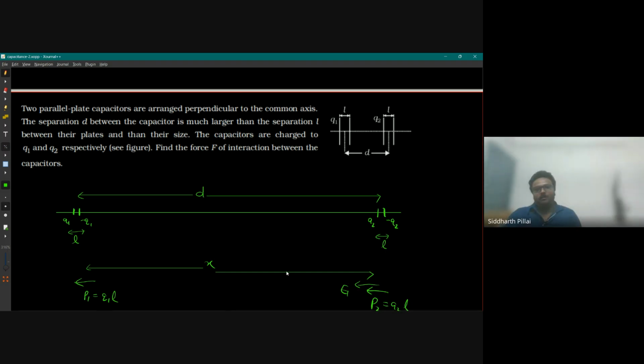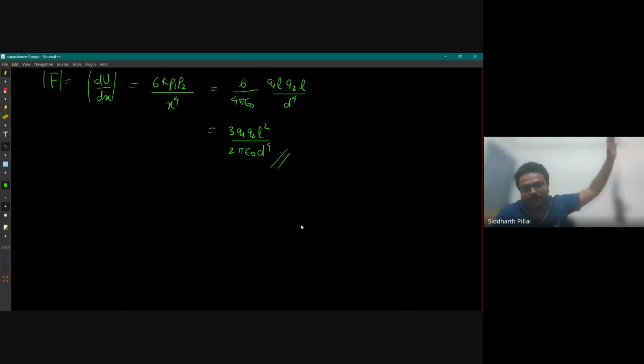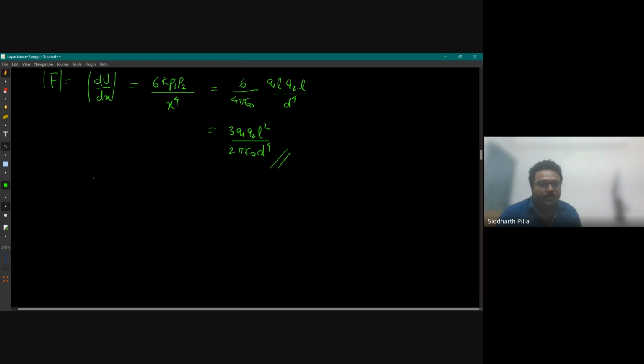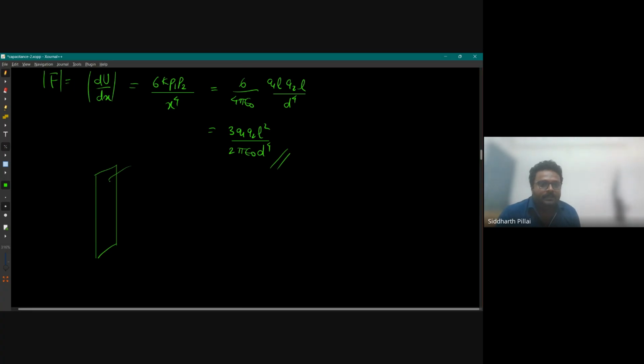No. When we talk about that, see, that is not always true, right? That is only true if you actually have an infinite sheet of charge. So what we assume is for two parallel plates, the distance between the plates is very small compared to the dimensions of the plate. So this d is much smaller than square root of a.